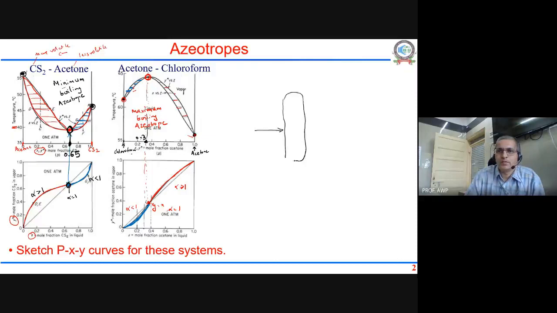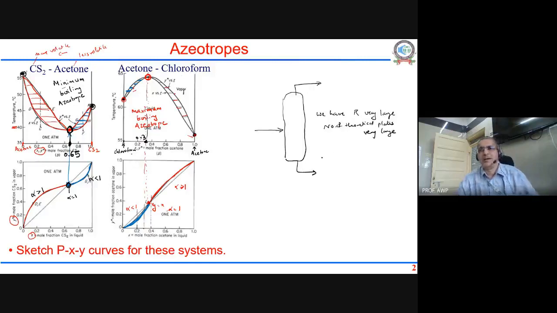Now I take a distillation column. Assume that in this distillation column we have R very, very large, and the number of theoretical plates is also very, very large.